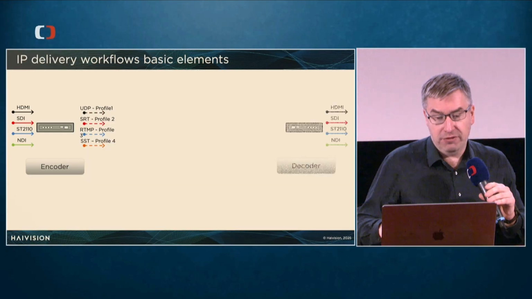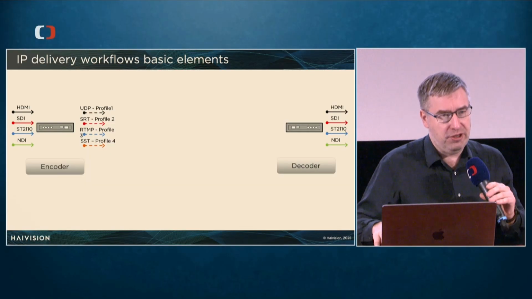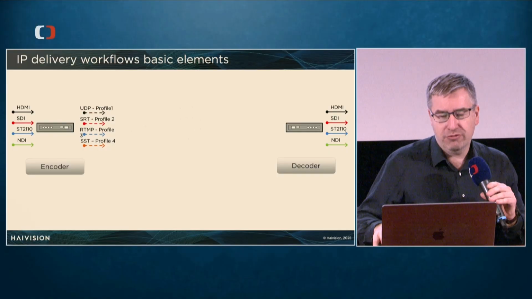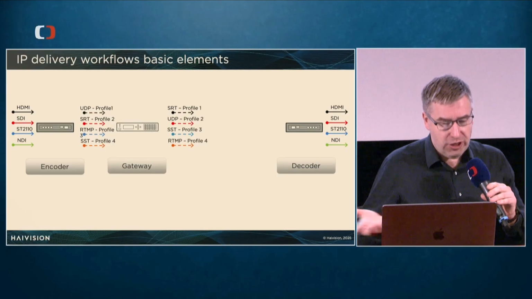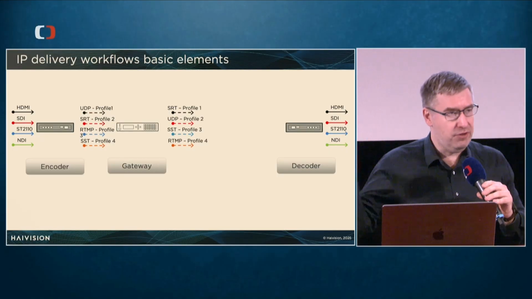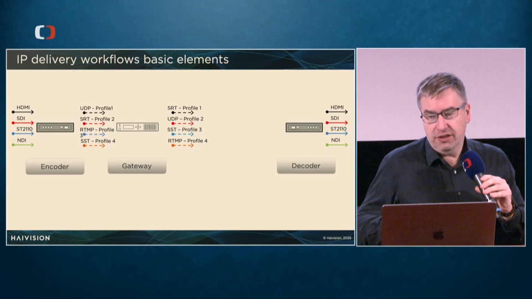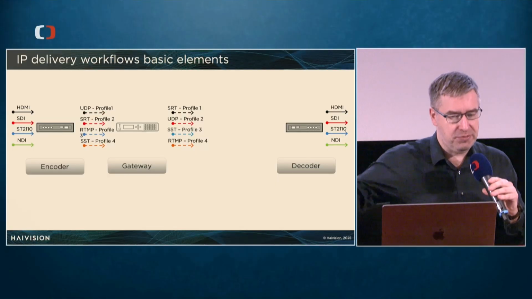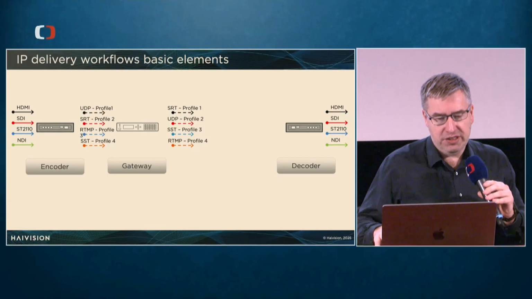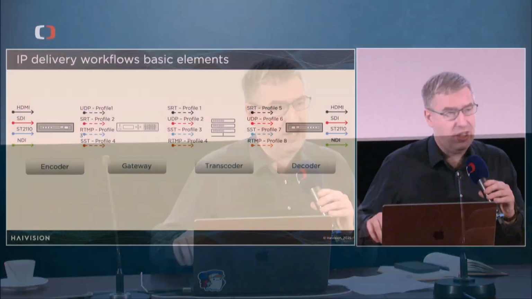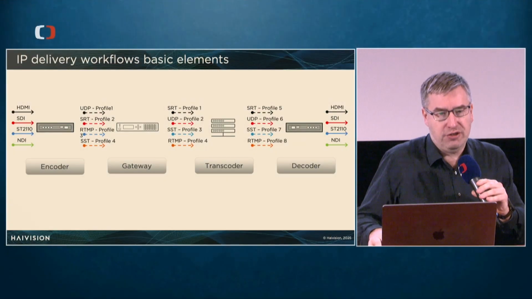We also have a decoder doing the same thing the other way around. And we can have a gateway, like I've shown you already, something that just acts as a gateway, transmitting between different places. And we could also have a transcoder.